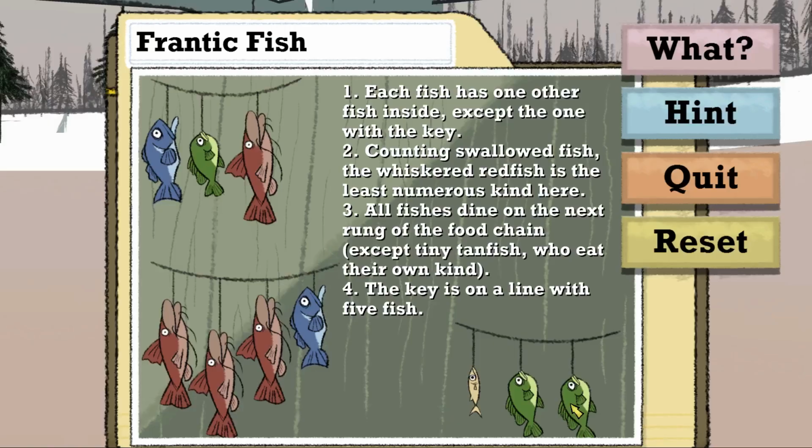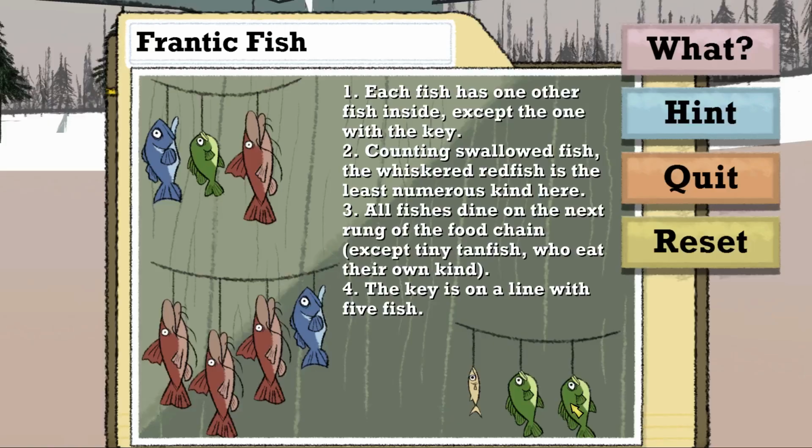The whiskered redfish is the least numerous kind here. Okay, there's 4 of the whiskered redfish, meaning that there needs to be at least 5 of each of the other kinds of fish. There has to be 5 bluefish, 5 greenfish, and 5 tan fish, because the least numerous here is the red, which is 4.